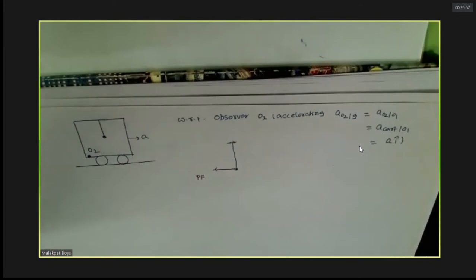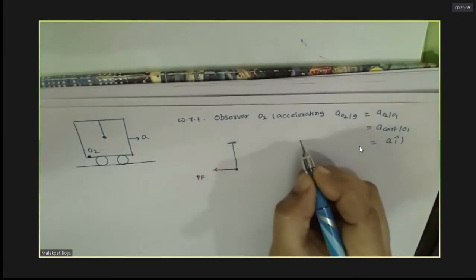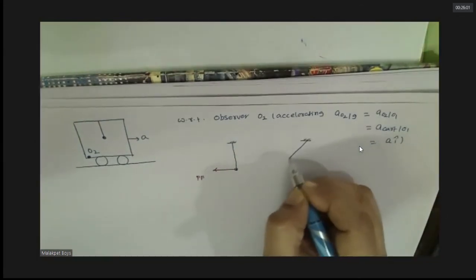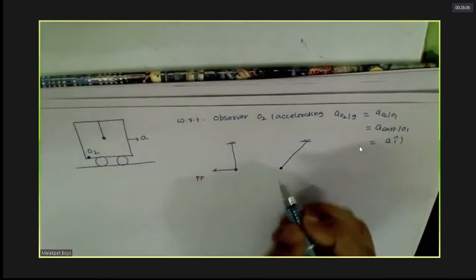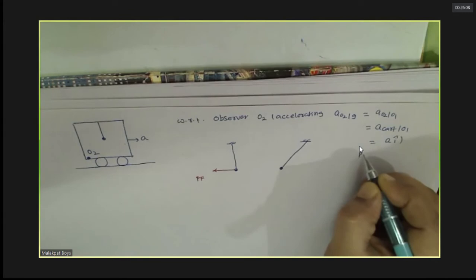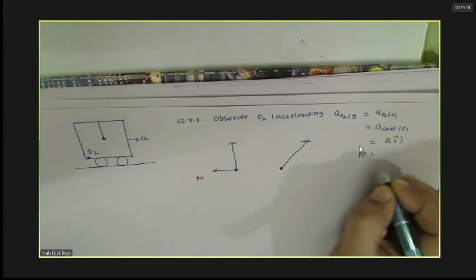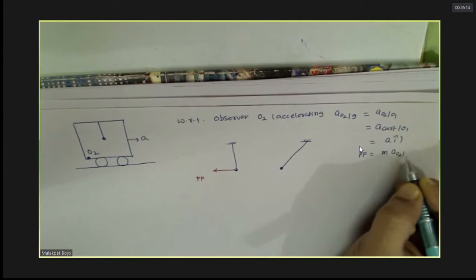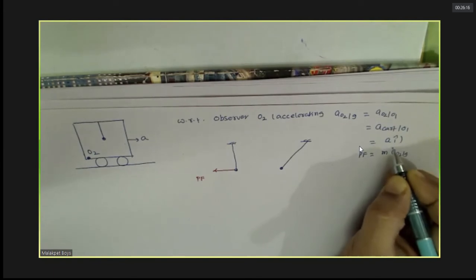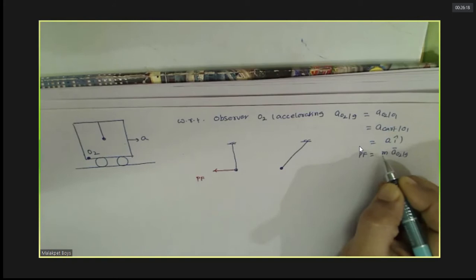Do you agree or not? Agree, sir. The Bob comes here. What is the pseudo force? Mass of the body into the acceleration of the observer with respect to ground, taken in the opposite direction.